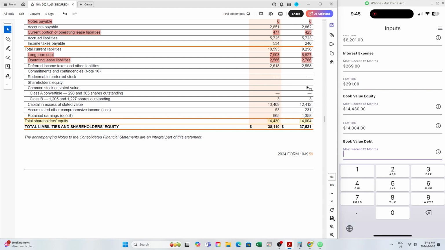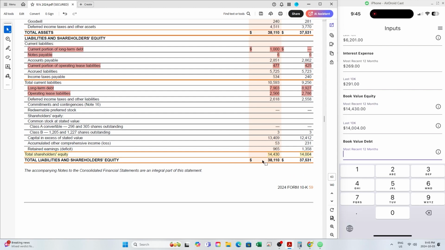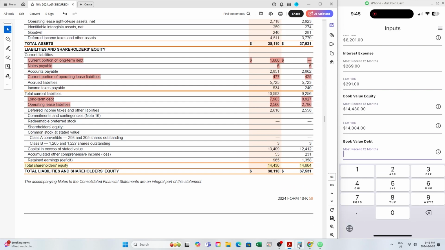And next one is book value of debt. We have to add up all the interest-bearing debt, which includes operating lease liabilities as well.